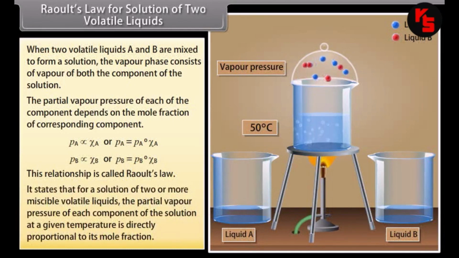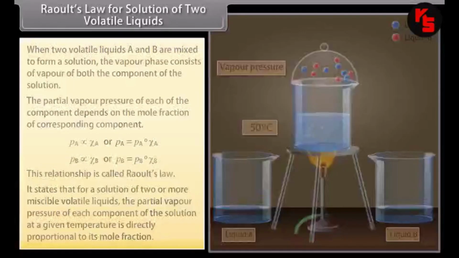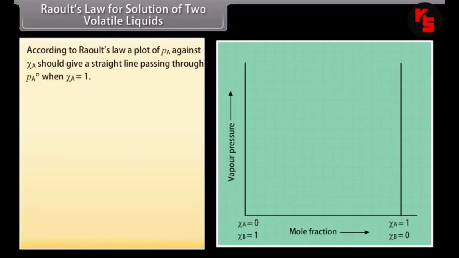It states that for a solution of two or more miscible volatile liquids, the partial vapor pressure of each component of the solution at a given temperature is directly proportional to its mole fraction. According to Raoult's law, a plot of PA against XA should give a straight line passing through PA⁰ when XA is equal to 1.